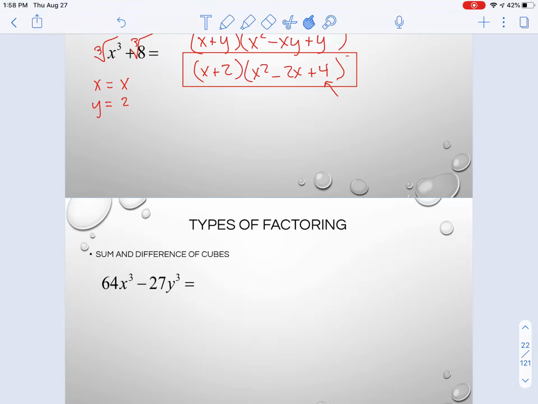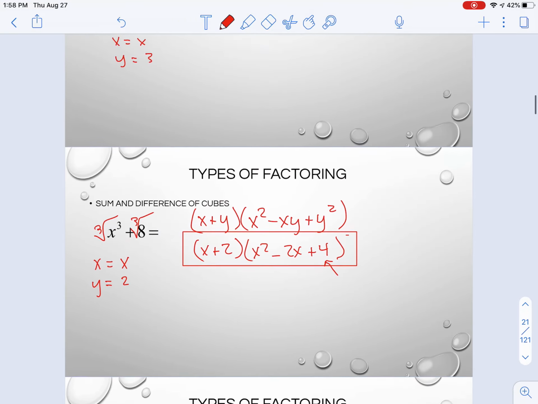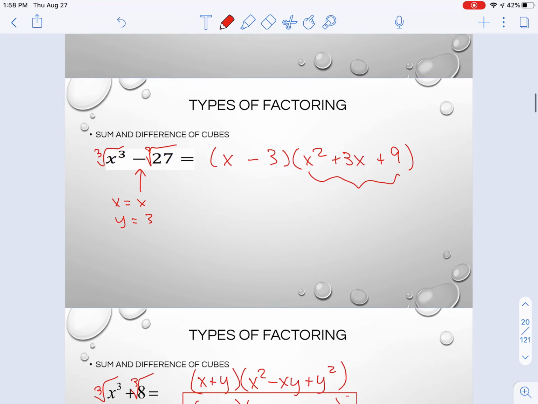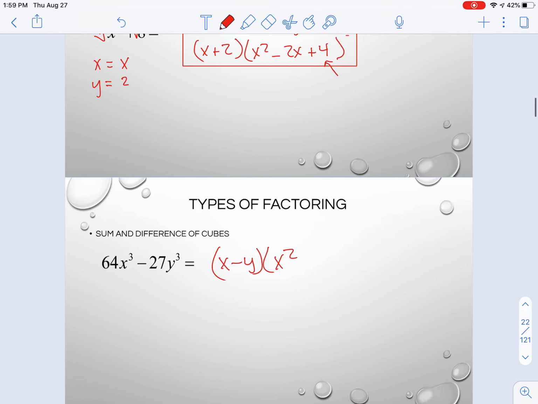Well, I don't know how to duplicate, so I'm still learning. So I'm just going to copy it down. We'll have x minus y, and then it's x squared plus xy plus y squared. All right, so that's what we have to follow.